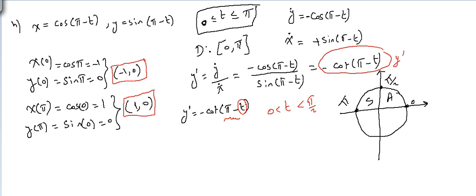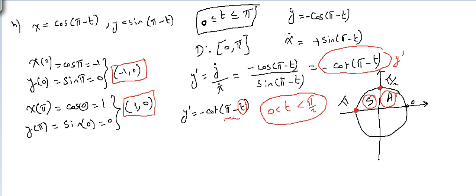If t is between 0 and pi by 2, for sure all trigonometric functions of t are positive. But what we have here, if t is 0, we're talking about cosine pi, and if t is pi by 2, we're talking about cosine pi over 2. So all the values are between pi and pi by 2, not in the first quadrant. So it is in the second quadrant.